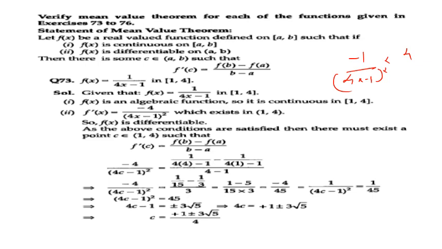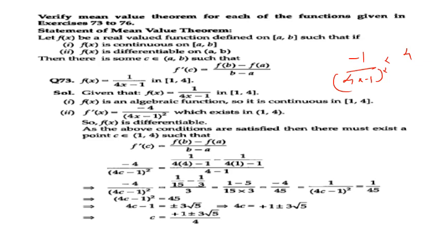So the function is differentiable. So we can say there exists c in the open interval (1/4, 4) such that f dash c is equal to f of b minus f of a by b minus a. So minus 4 by (4c minus 1) the whole squared is equal to f of 4 minus f of 1 by 4, over 4 minus 1 by 4.